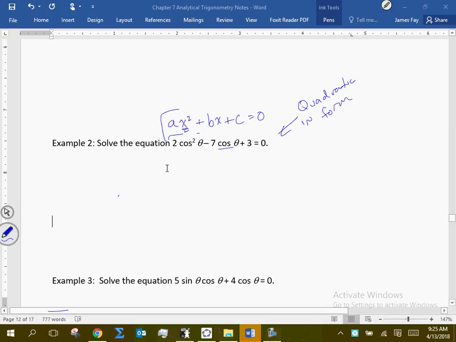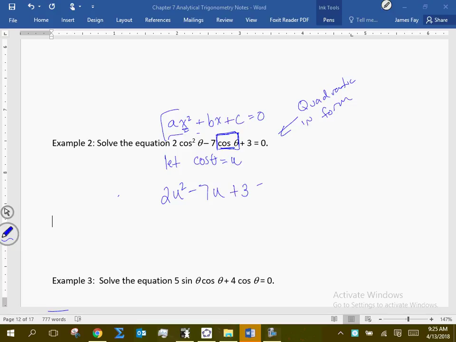And the way we do that is let cosine of theta, and if it's quadratic in nature, we've talked about this, if you're going to use u substitution, you're always going to let that x to the first term be your u. So let cosine theta equal u. And if I do that, then I get 2 cosine squared would be u squared minus 7 cosine theta is now u plus 3 is equal to 0.